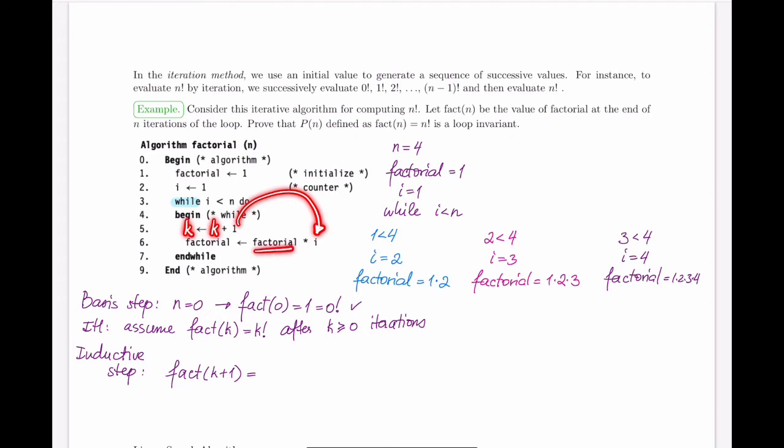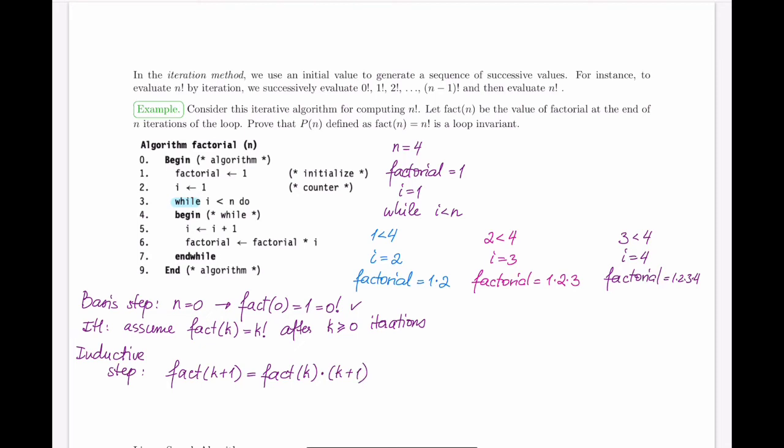So my factorial here is going to be the factorial computed at k, but my i here will have been computed in the previous line and will correspond to k plus 1. So this is fact of k times k plus 1.